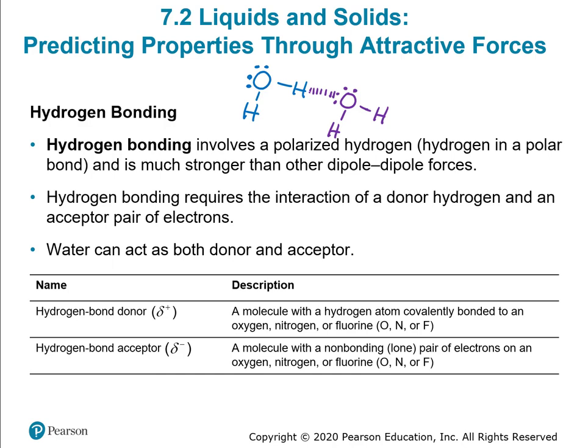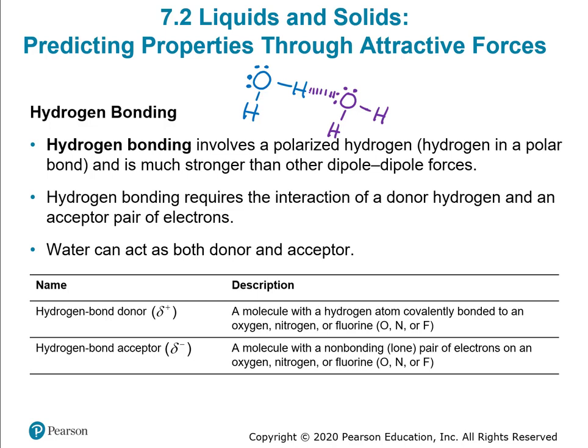The electrons of the oxygen are attracted to the hydrogen of the other water molecule, because remember that hydrogen's electron really hangs out near its oxygen. So that blue hydrogen is almost just a little proton, because its electron is around the blue oxygen. When the purple oxygen comes along, it's like, oh, a positive hydrogen. So there's this attraction.